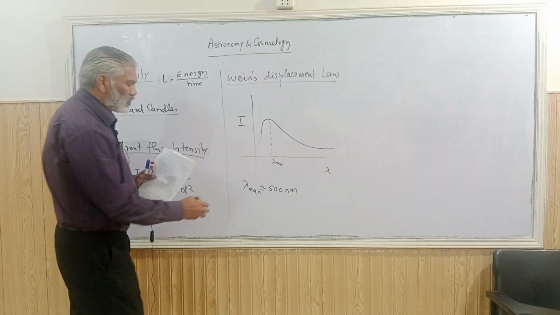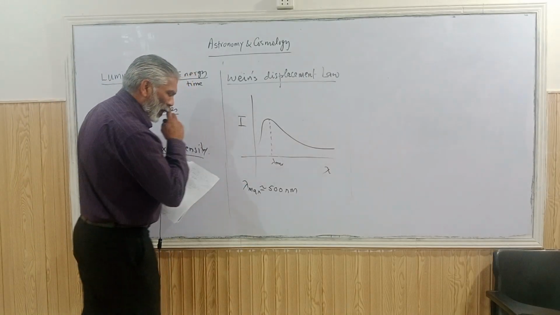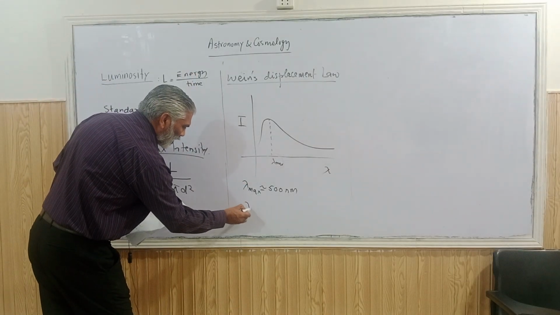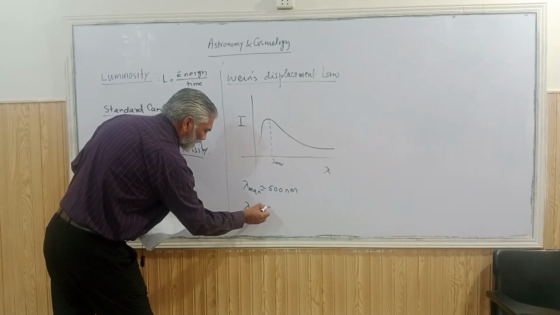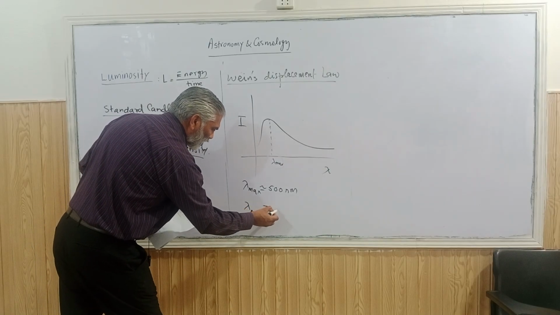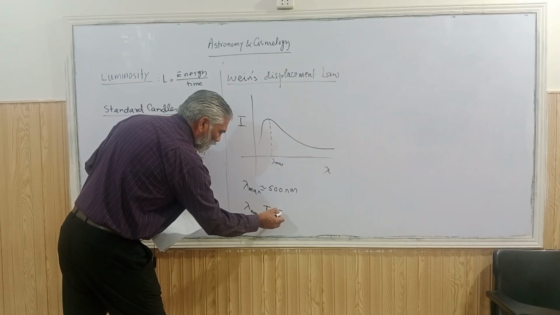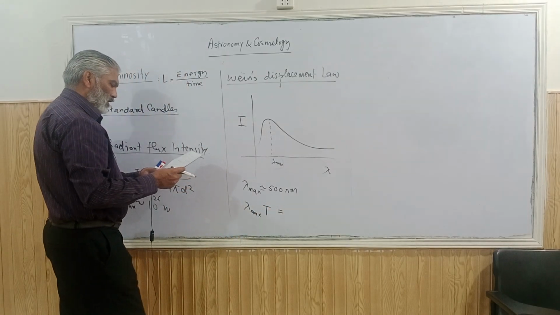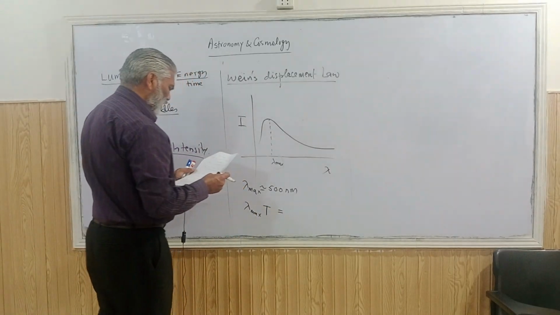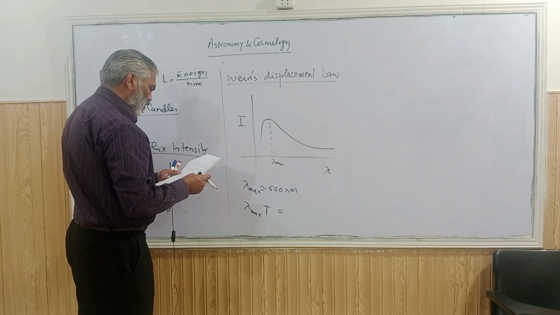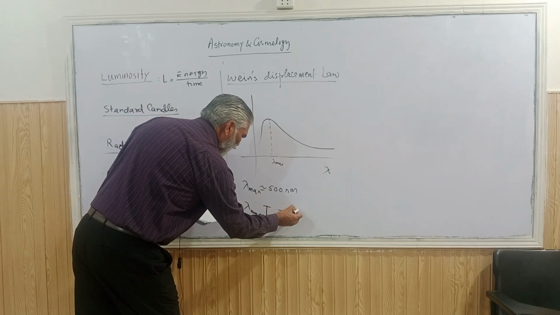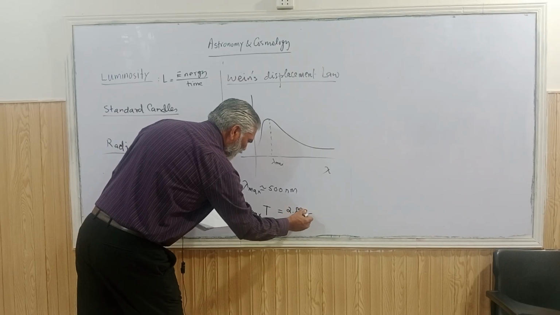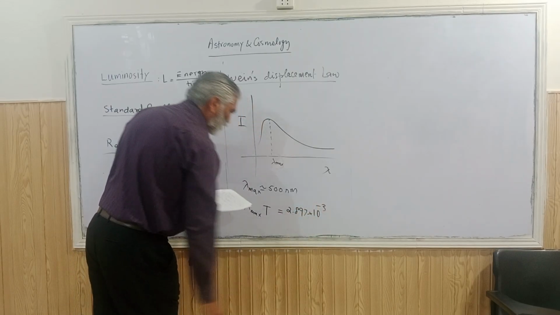And if I use this yellow light in this formula, lambda max multiplied by surface temperature of the sun is nearly equal to a constant, known as Wien's constant, and its value is 2.897 into 10 raised to power minus 3.